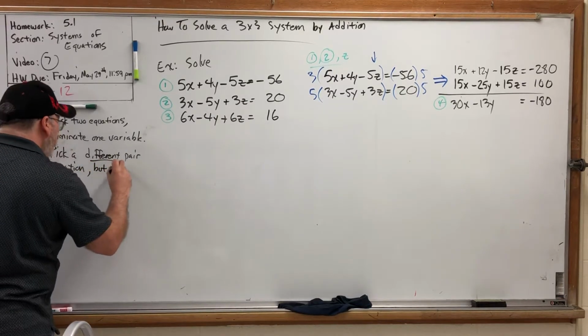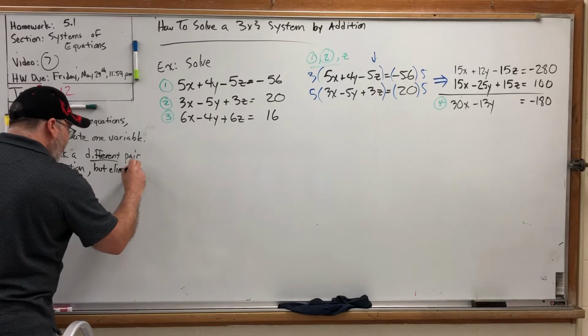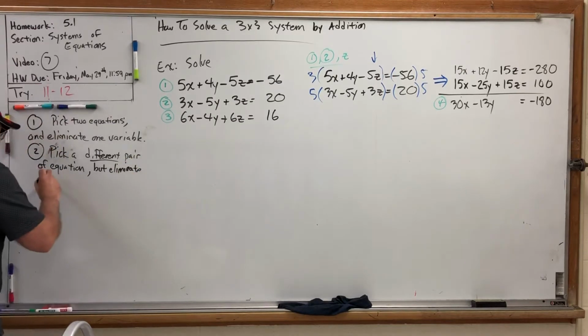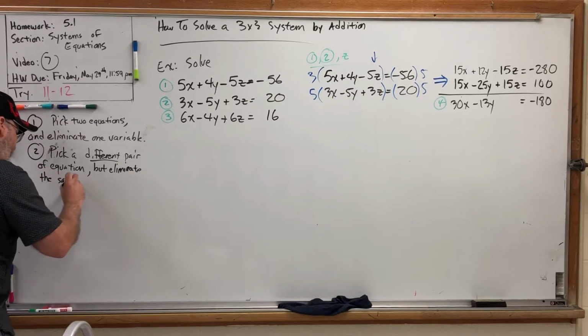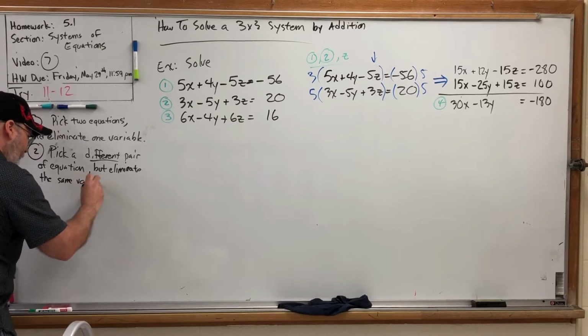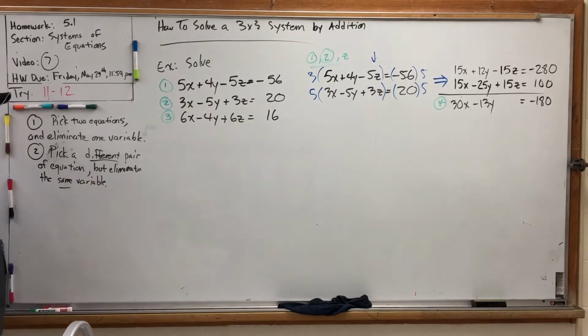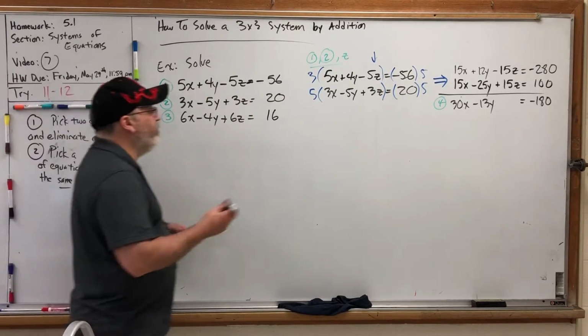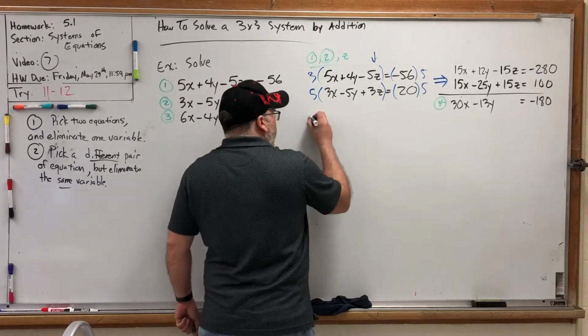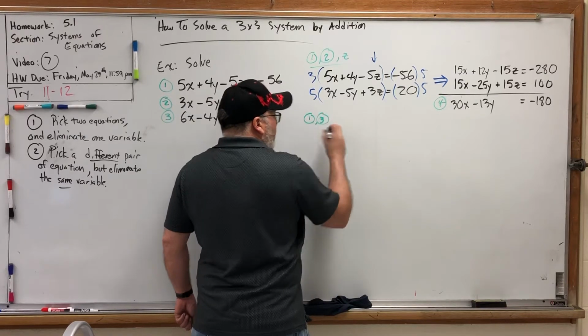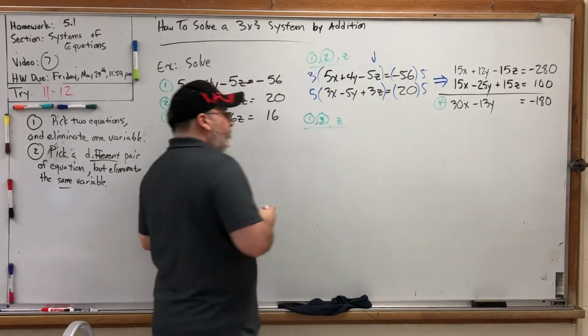But eliminate the same variable. So we need to pick a different pair, but also get rid of z. Why don't we just pick 1 and 3? Does it really matter? You could have picked 2 and 3. Pick 1 and 3, and let's get rid of z.